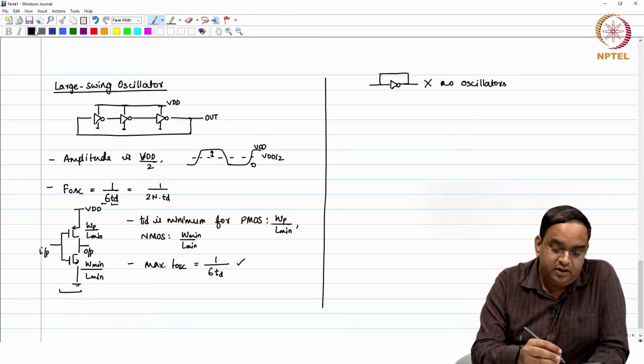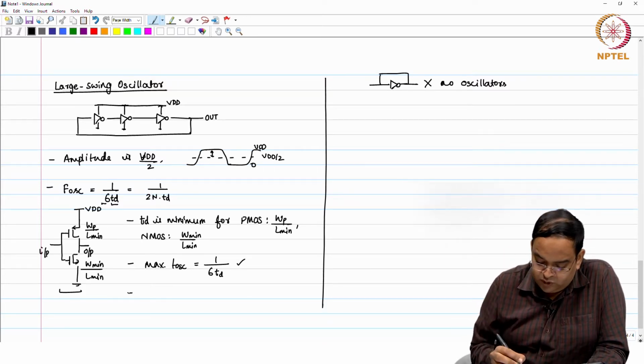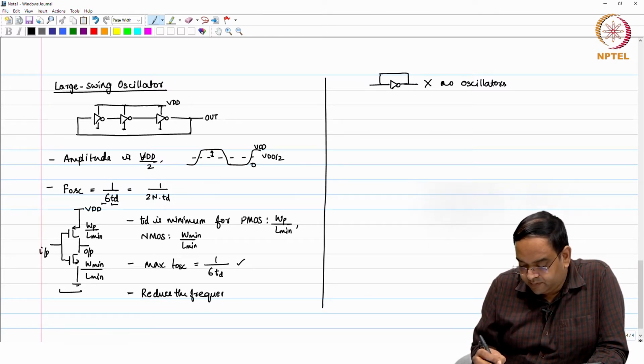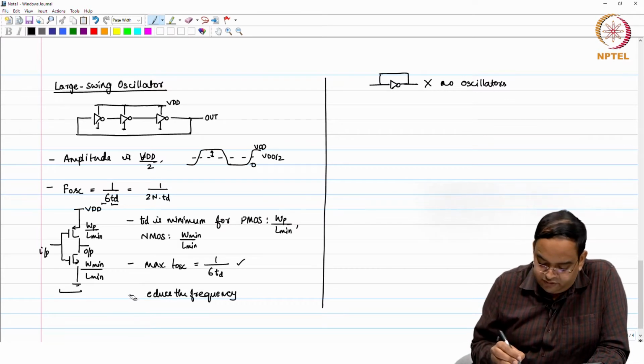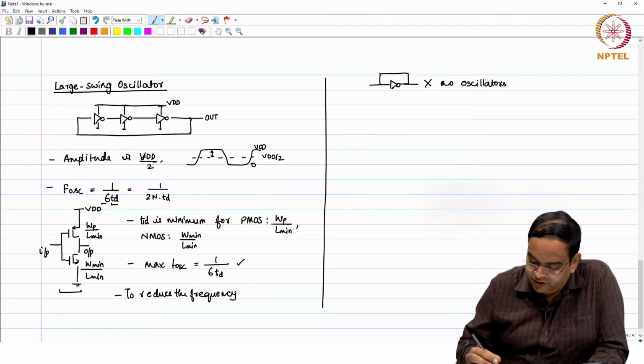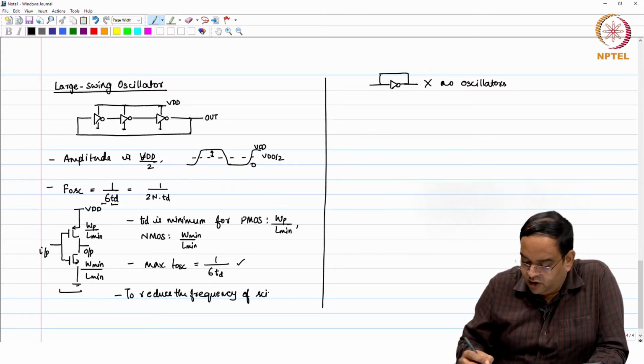If I want to reduce the frequency of oscillation, the only way I have is to increase the number of inverters.